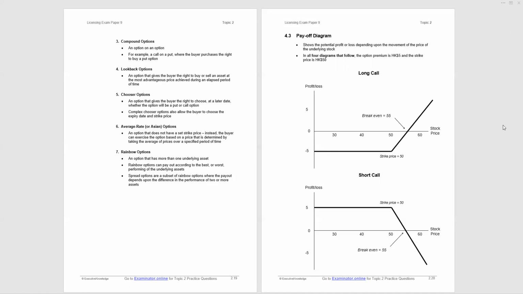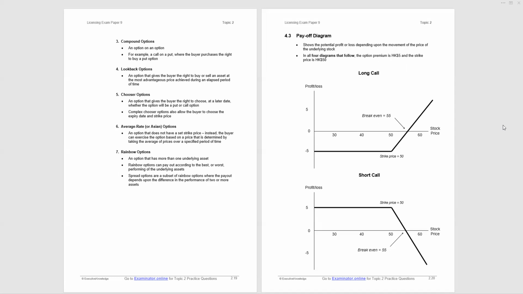Now, in the 4 diagrams that follow, we're using the same inputs: option premium of $5 and a strike price of $50. So if we have a long call, we're buying a call, and remember that gives us the right to buy the underlying stock or the underlying instrument at the strike price. And in our case, strike price is 50.